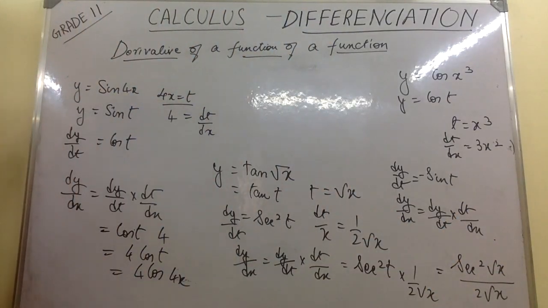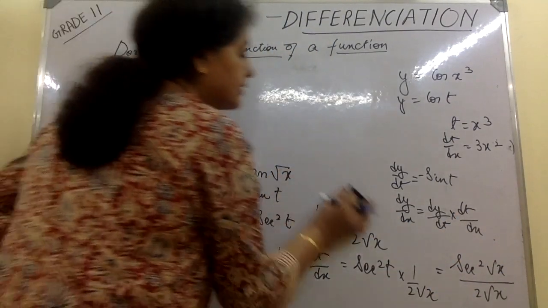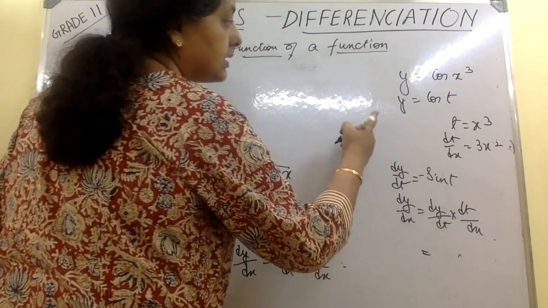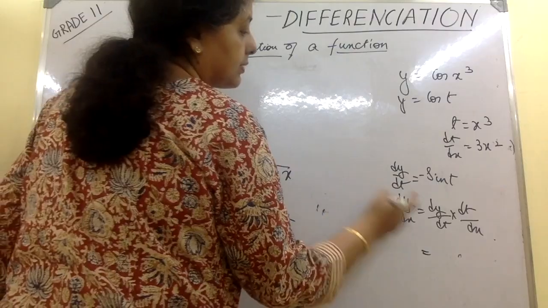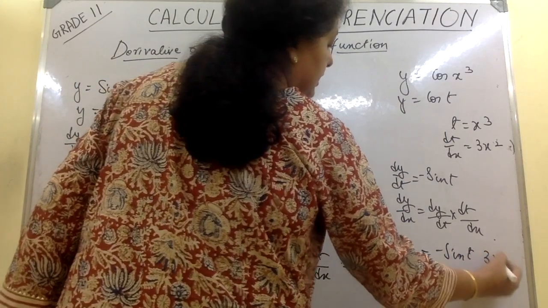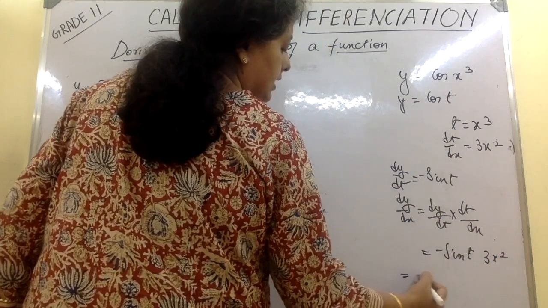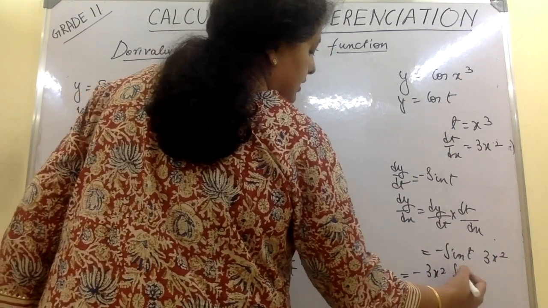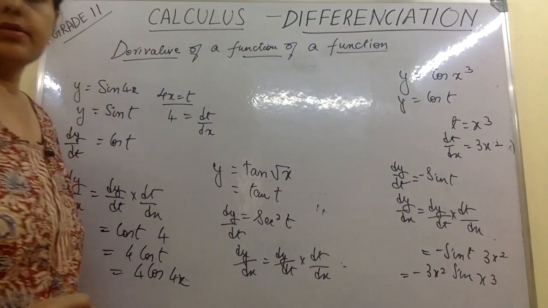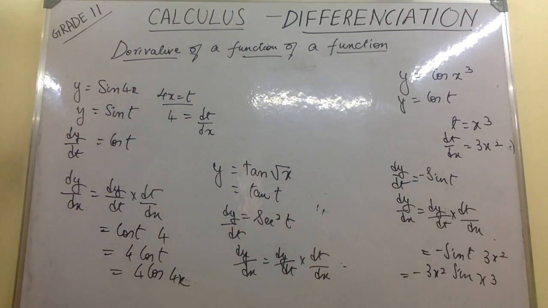That comes to minus sin t for dy by dt and 3x square for dt by dx. Minus 3x square sin t, where t is x cube. Okay, so we get our answer.